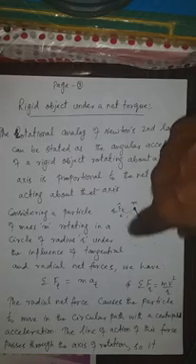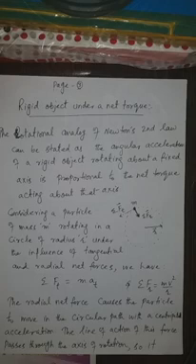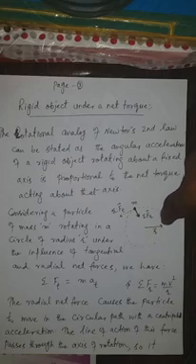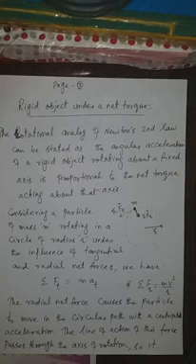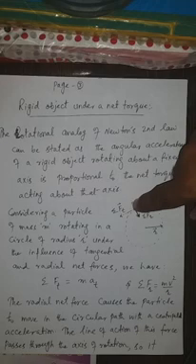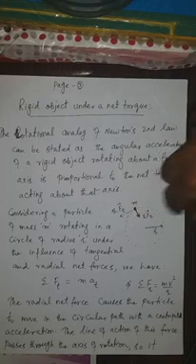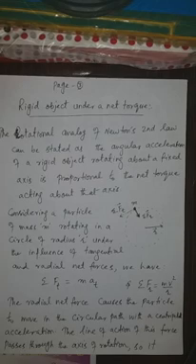So as this particle changes its position, the direction of the tangent will be adjusted accordingly. One fact which will be followed is that these two vectors, the tangent vector and the radial vector, will always be at 90 degrees to each other.